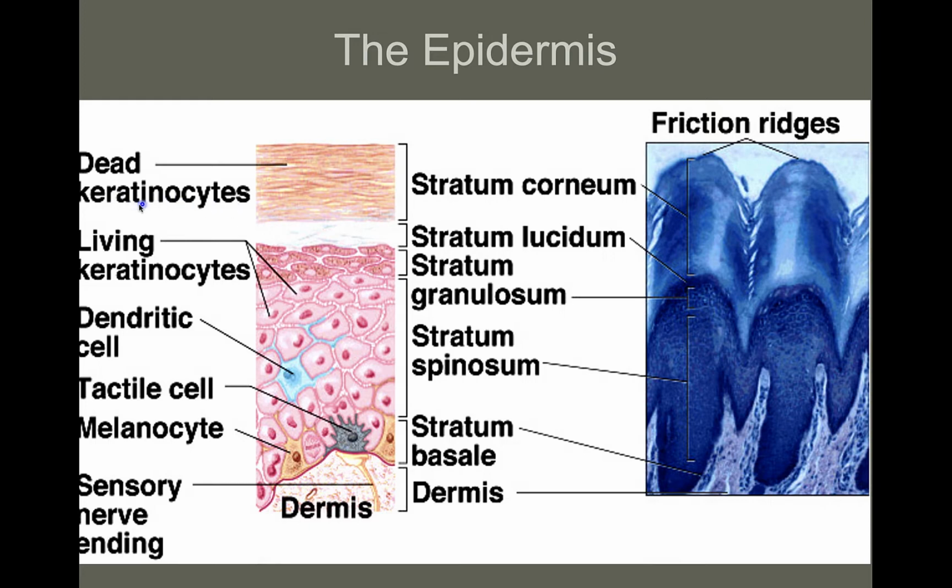So dead keratinocytes, living keratinocytes, what are they going to be doing? Our dendritic cells, tactile cells, so picking up a little bit of sensory information, melanocytes, and some of those sensory nerve endings. Remember we said with our epithelial tissue we have almost no matrix between those cells, and we're not going to have that innervation and those blood vessels coming up into that tissue.